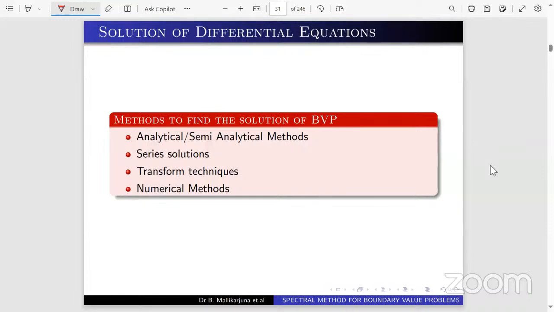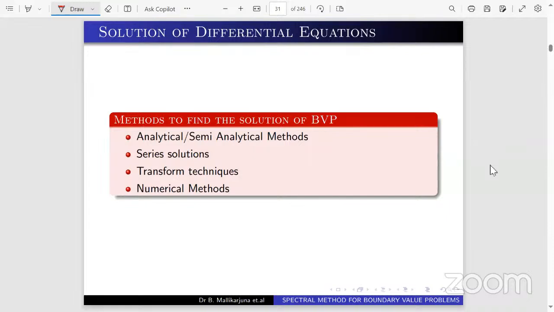If not, with some approximations, we apply semi-analytical methods. The alternative is series solutions, like power series solutions and Fibonacci sequence. There are different techniques to find the solutions of differential equations using series. Next, using transform techniques: Laplace transform, Fourier transform, Z transforms, depending on whether the domain is continuous or discrete.